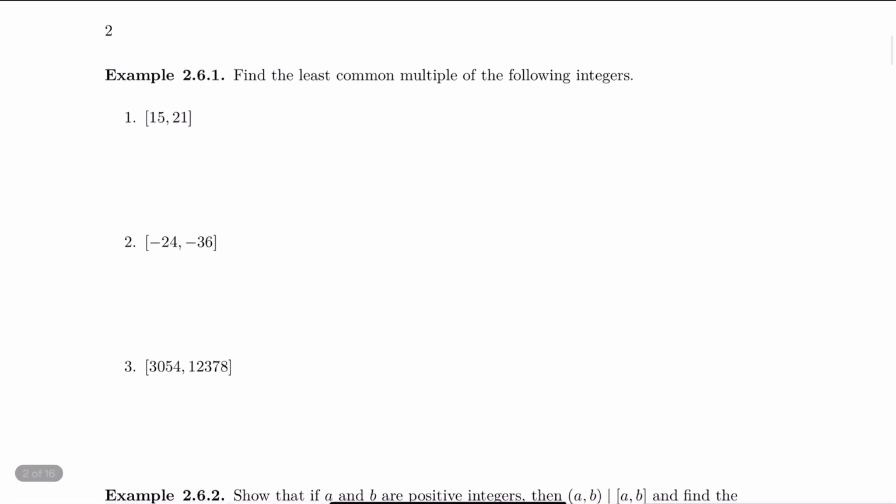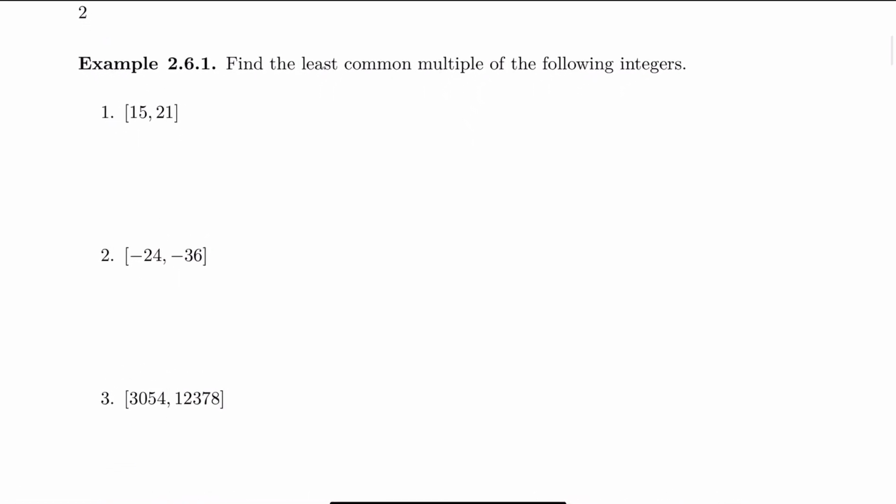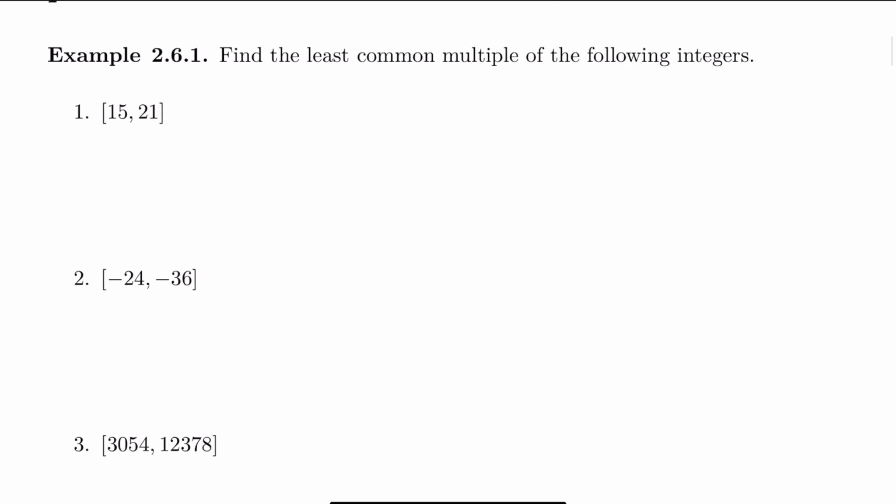Now let's take a look at the next page. We'll look at an example of how to find the least common multiple. The first thing you have to do is find the common multiples of 15 and 21. Let's start with the multiples of 15.